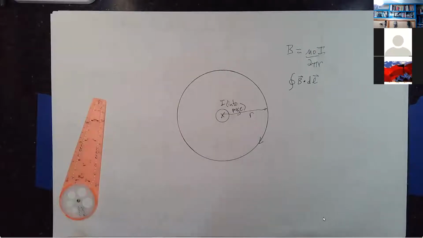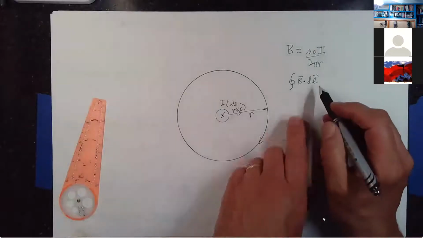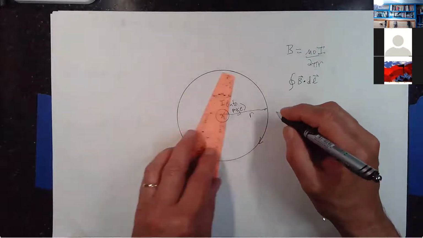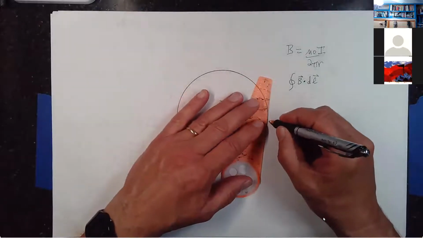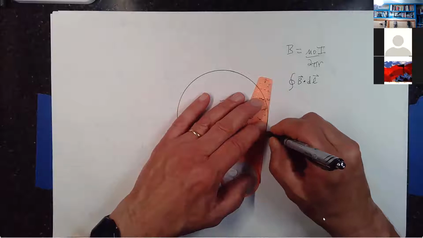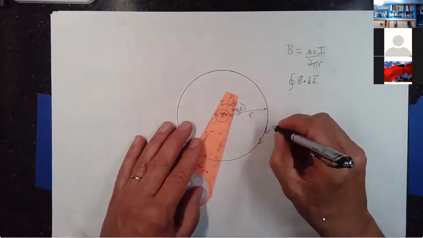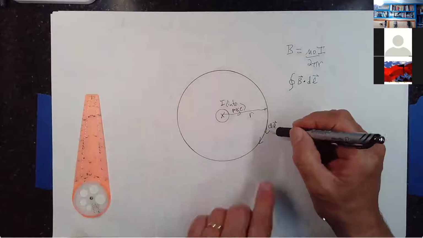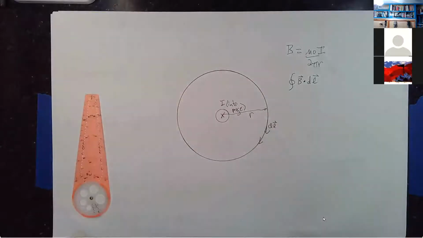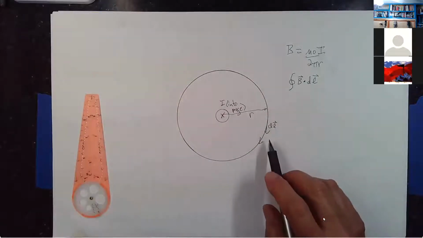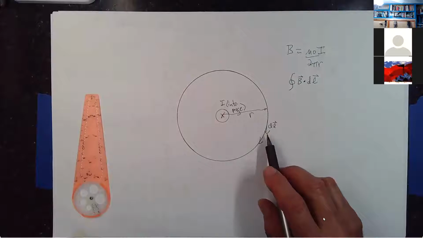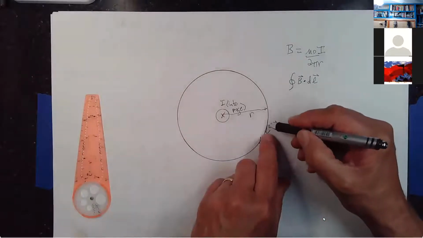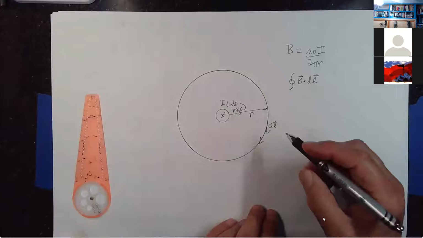So in this case, we're going to do this integral all the way around the loop. If we pick a particular point, our dl will just be some very short line that's tangent to the loop at that point. But it will point in the same direction as the magnetic field does at that point as well. You have to imagine shrinking this thing down until it's infinitesimally long.